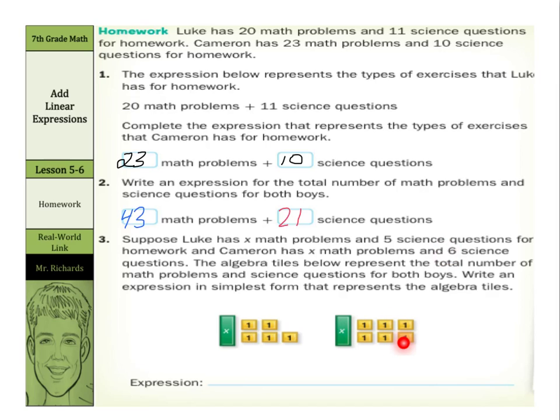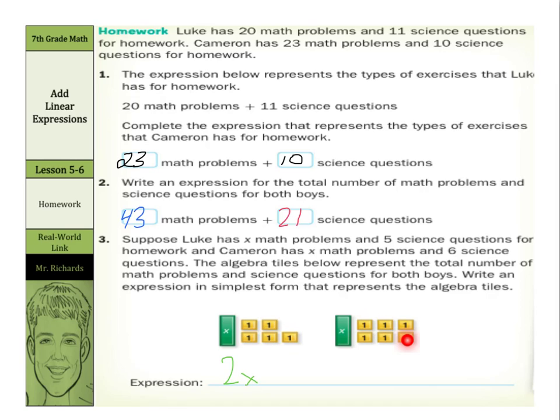Now, to write a combined expression, well let's look at our x's first. We have 1x here and 1x here, and 1 plus 1 is 2x. And when we look at just the ones, we have the 1, 2, 3, 4, 5 science questions, and the 1, 2, 3, 4, 5, 6.